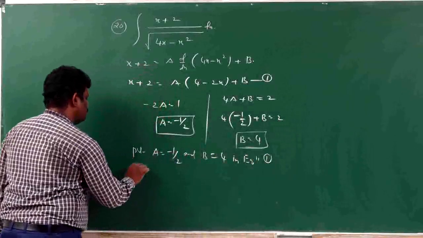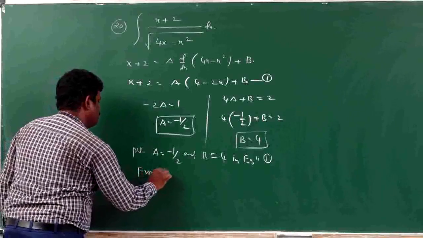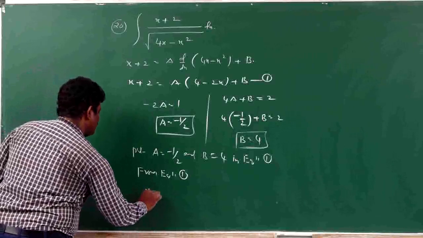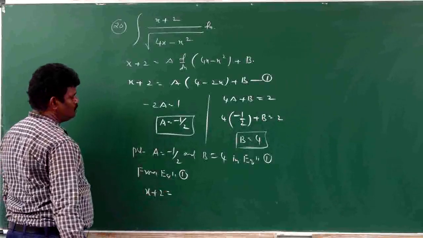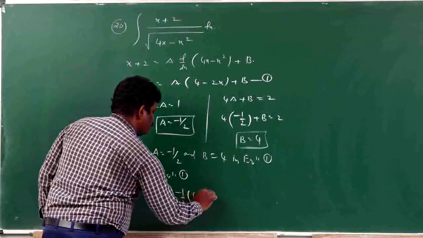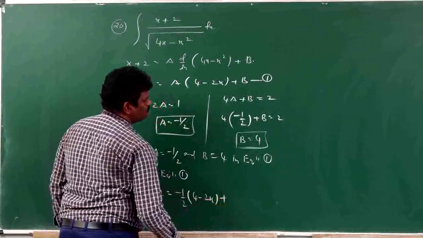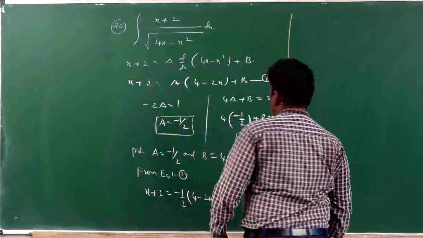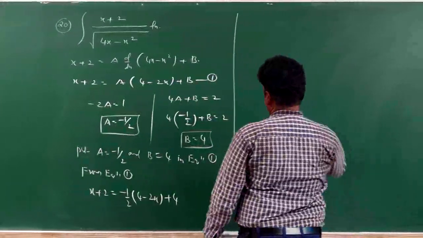Then Sima, from equation 1 what we wrote: x plus 2 is equal to minus 1 by 2 into 4 minus 2x, plus 4. Now this above equation is divided throughout by the square root of 4x minus x square.